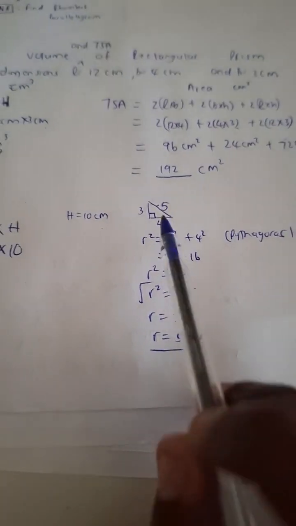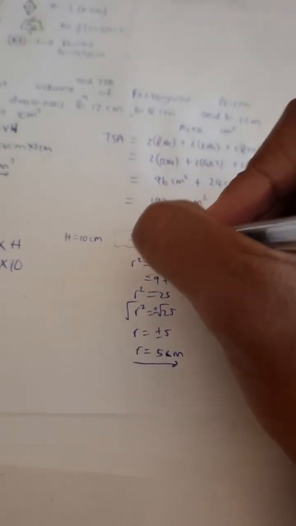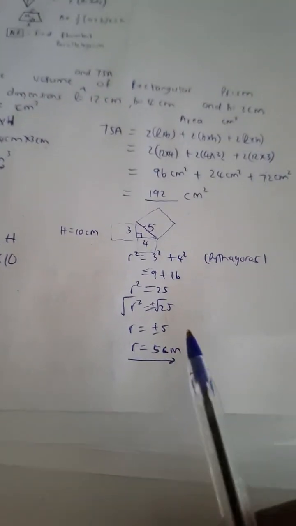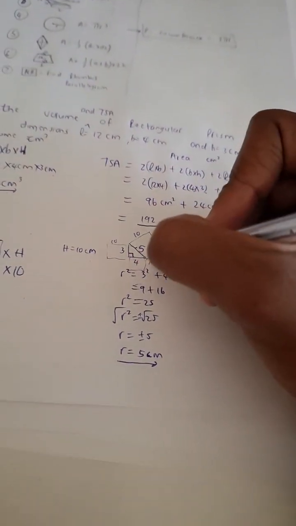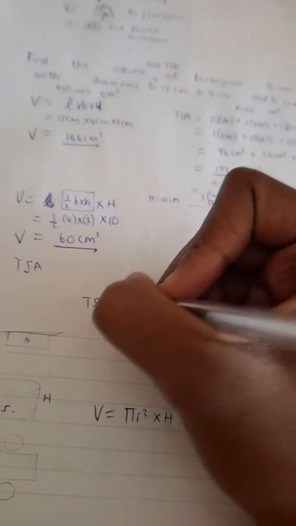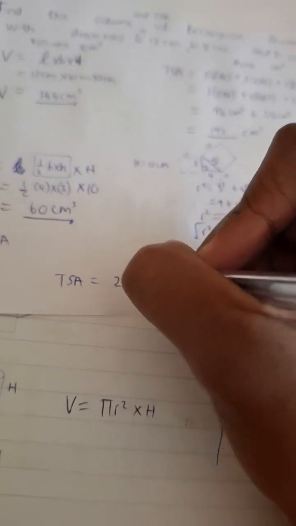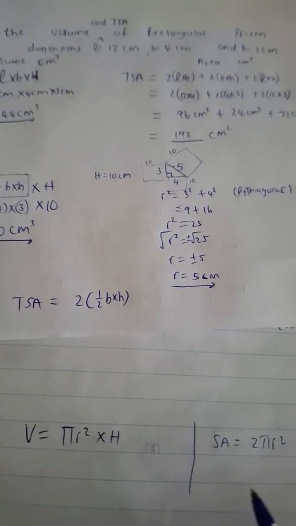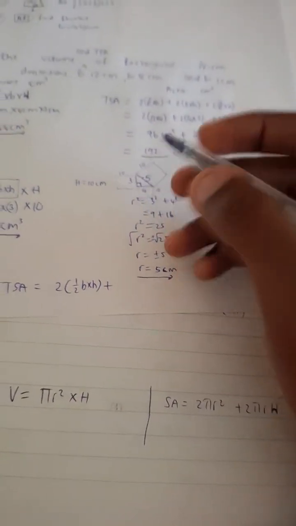Remember, rectangles, 3 of them. There's this rectangle, there's this rectangle, and there's this rectangle. All of them are multiplied by 10. Okay, so I think we can now calculate the total surface area. We're going to say TSA is equal to 2 times half base times height plus we have one of the lengths.